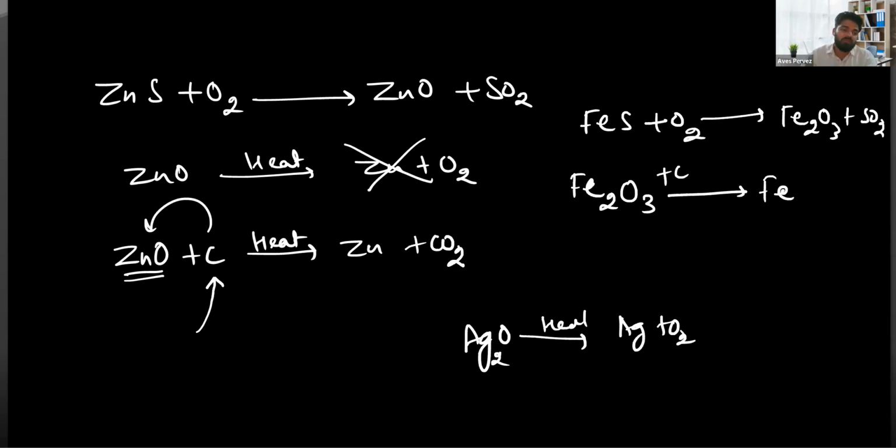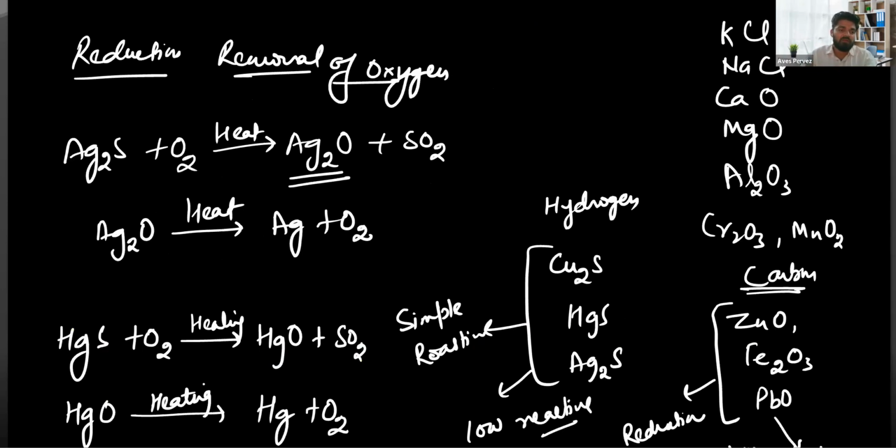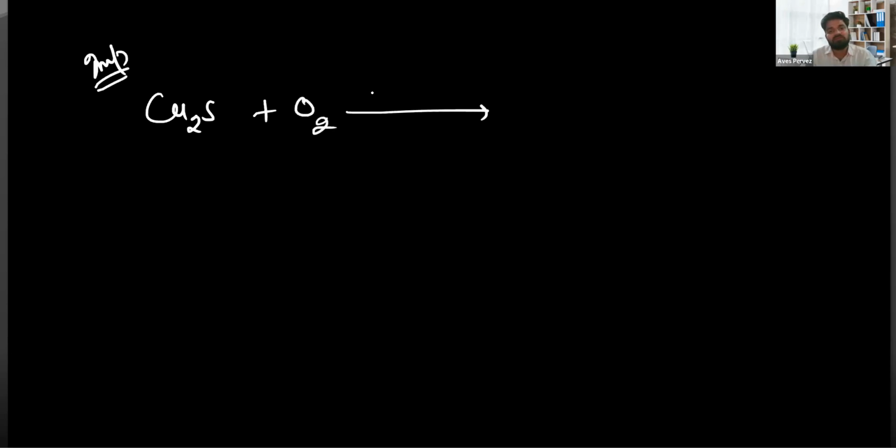But coming back to copper, this is very important. Let me explain. For example, if you have Cu2S and you heat it in the presence of oxygen, that is simple roasting. When you heat it, it gives you Cu2O plus sulfur dioxide.